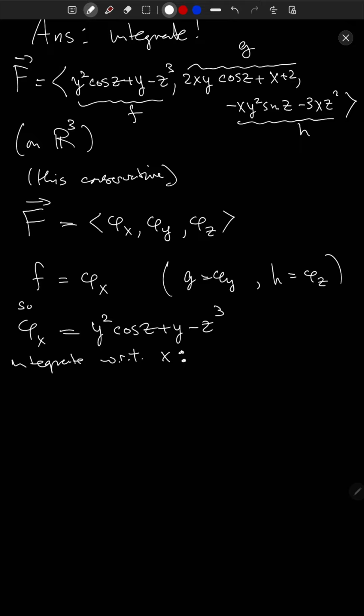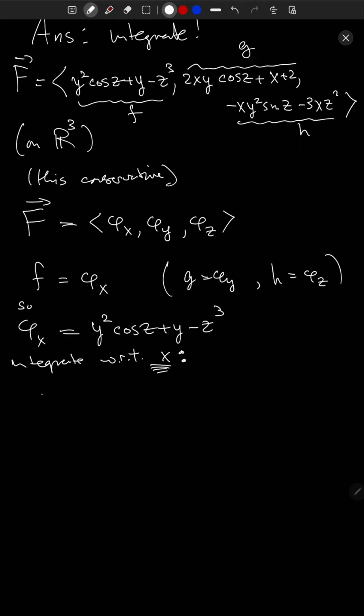This is just regular integration from one variable calculus. Just checking my equations here. When we integrate this with respect to x, we're thinking of z and y as constants.